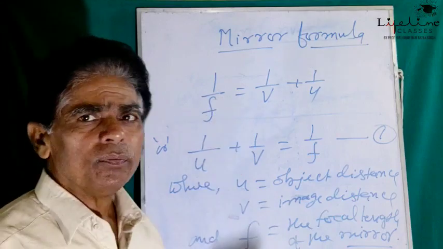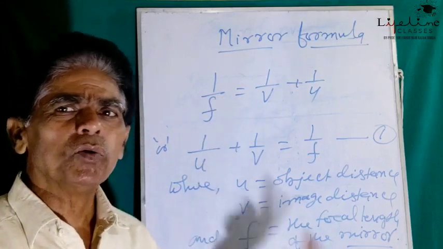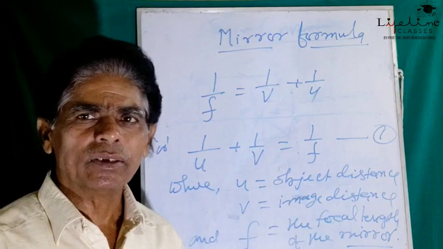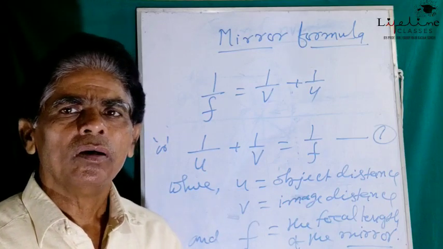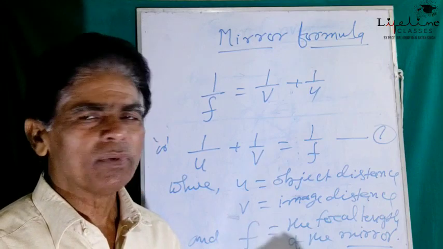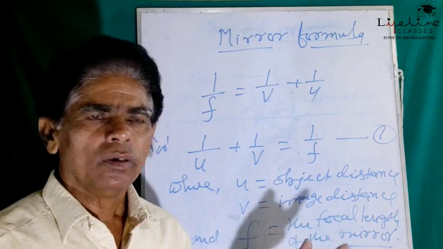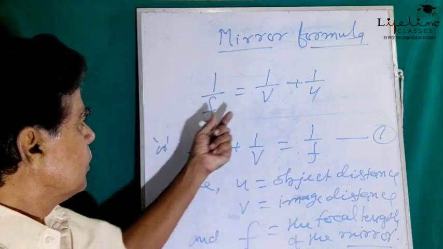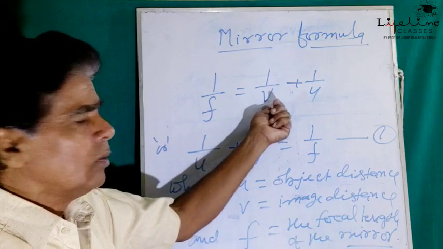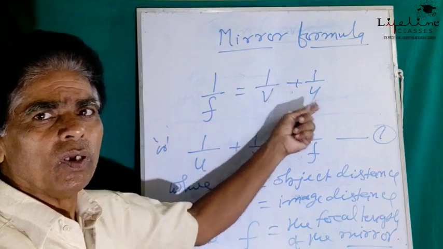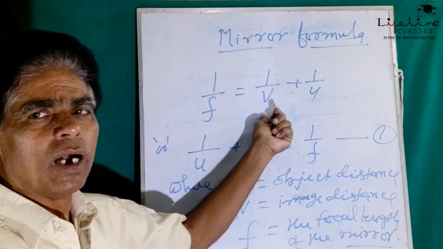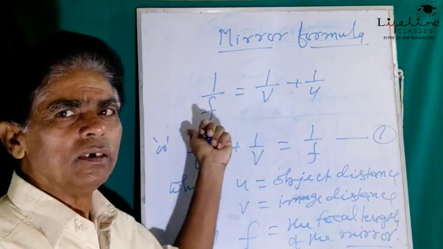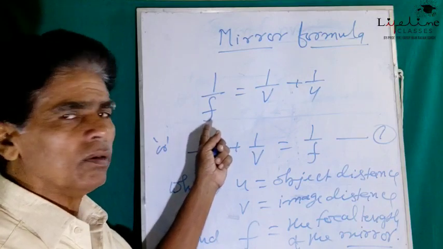If we know any two quantities among these, the third one can be derived or obtained. Suppose we are given the magnitude of object distance, image distance, and we are asked to find the focal length.